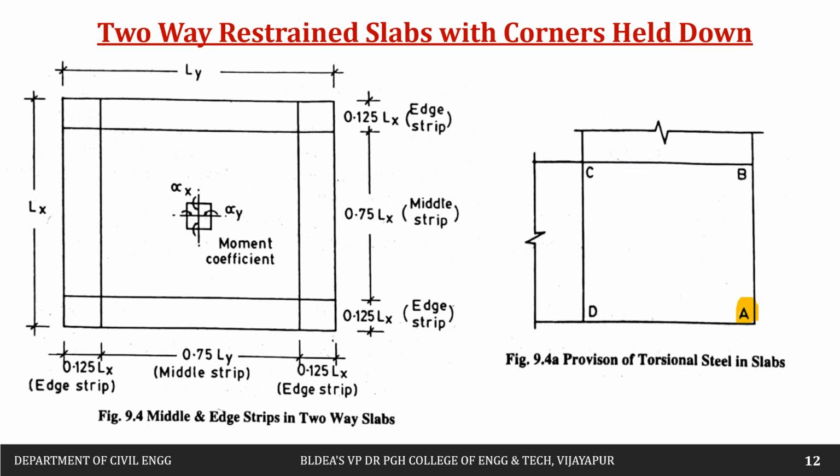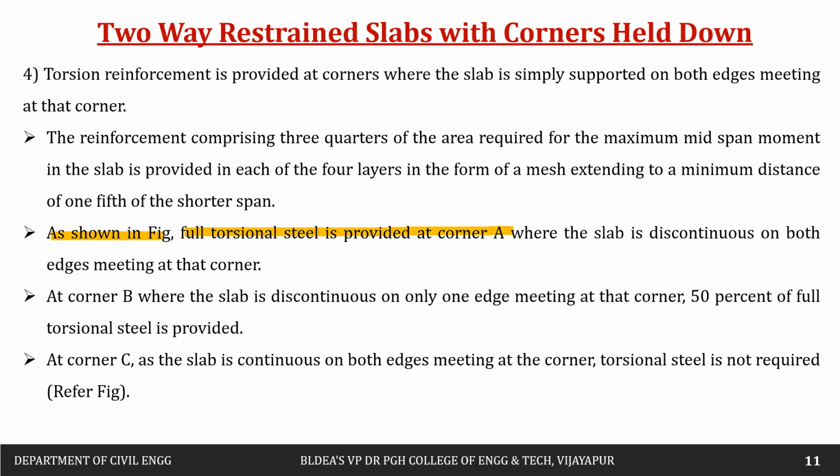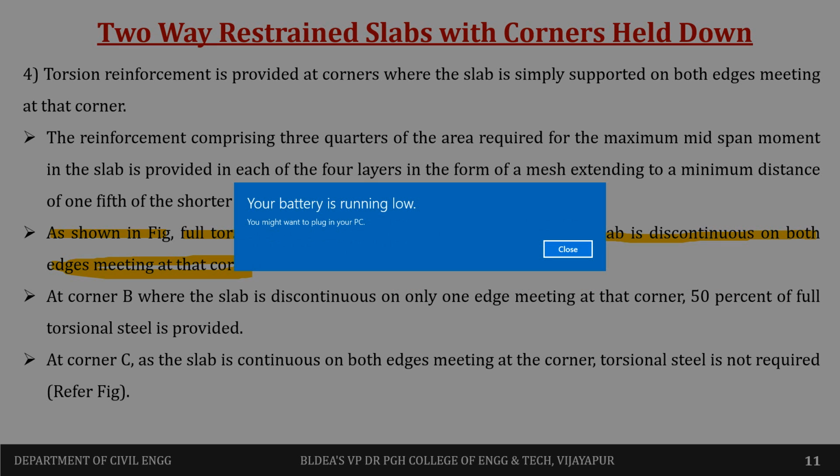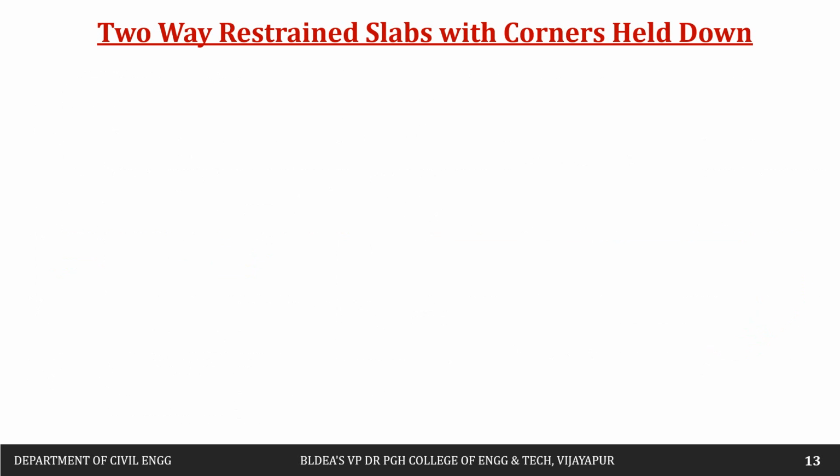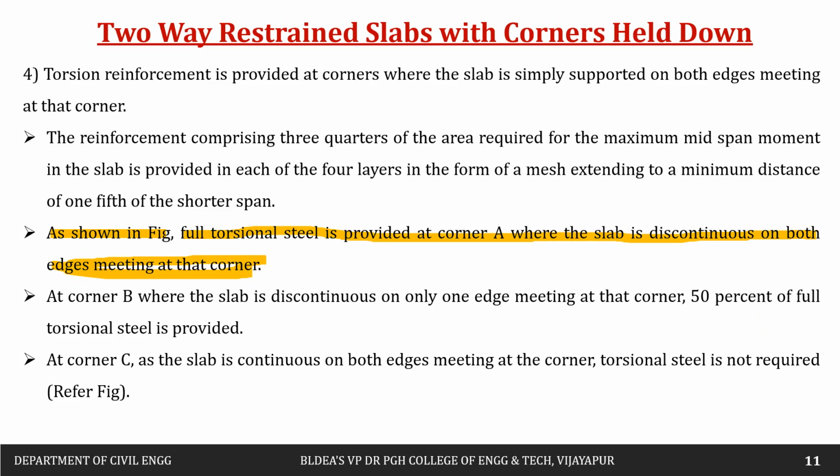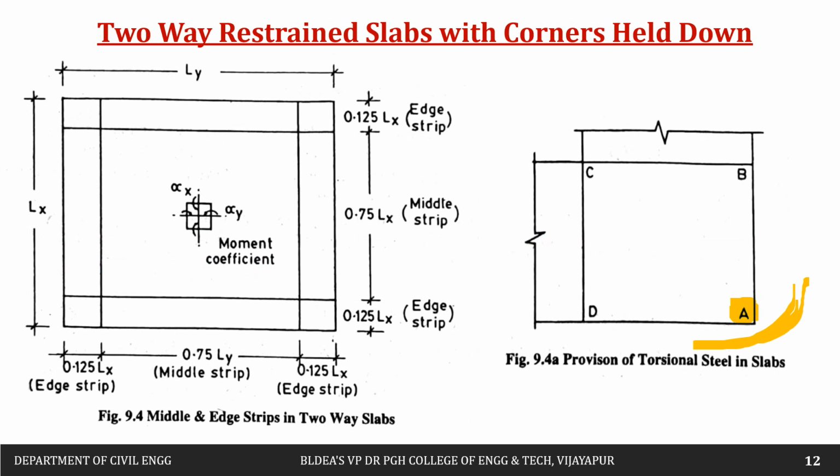When you consider corner A, both the edges are discontinuous. So full torsional steel is provided at corner A where the slab is discontinuous on both the edges meeting at that corner. When both the edges are discontinuous, we have to provide full reinforcement.